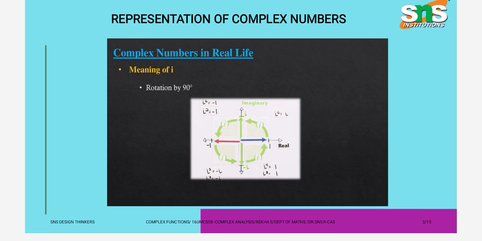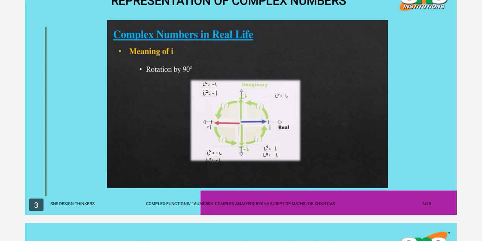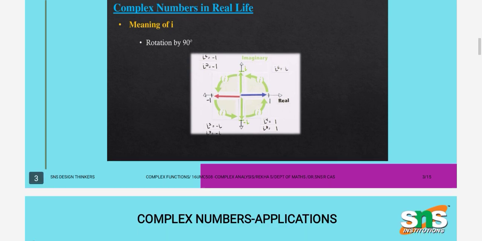Here i is the imaginary unit, and its value takes different positions: i squared is -1, and i to the power 4 is +1, and so it goes on. The rotation of i is 90 degrees, so with each 90 degree rotation the value of i changes.